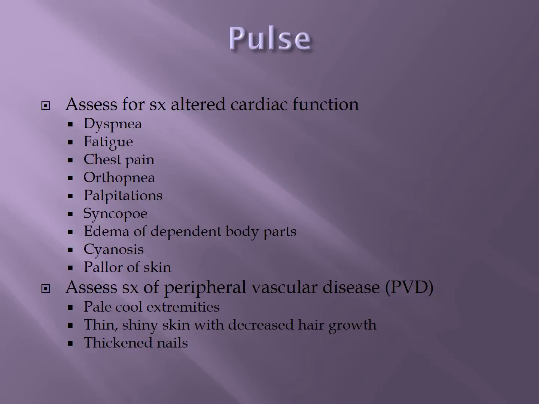Then when you palpate their skin, it will be cool because of the decrease in blood supply getting to that area. And because nails are important in many ways, when blood supply is not what it should be, those nails do begin to thicken up.